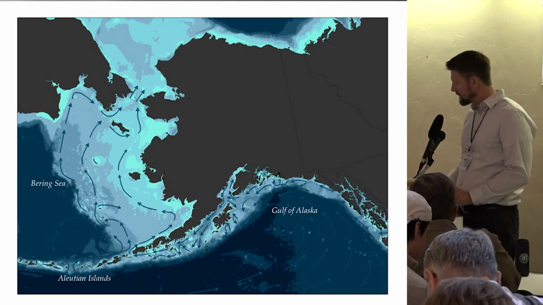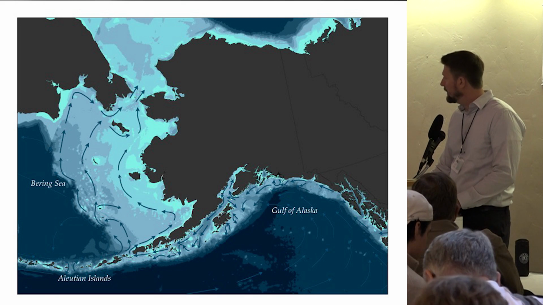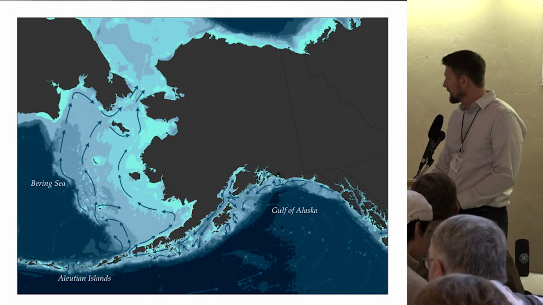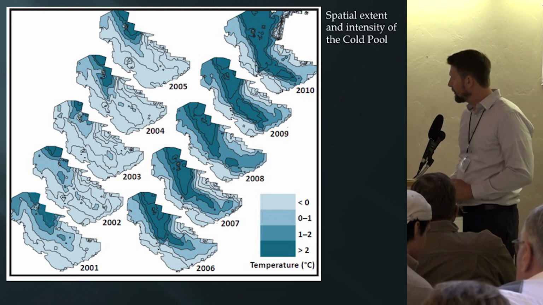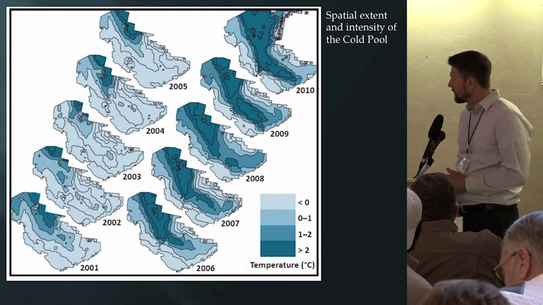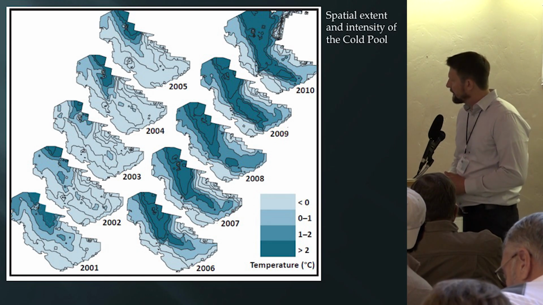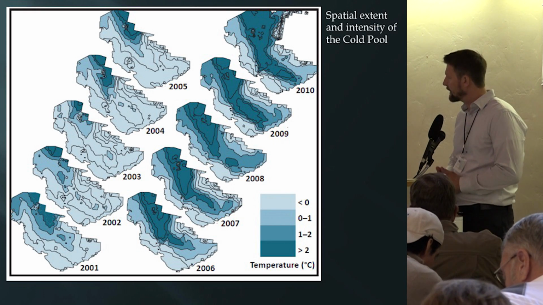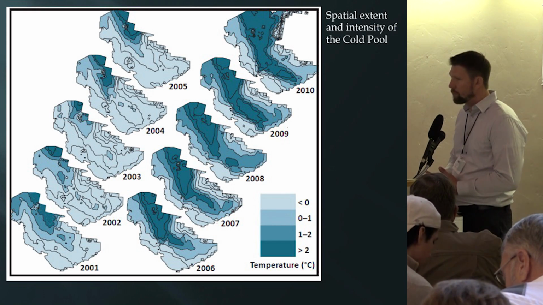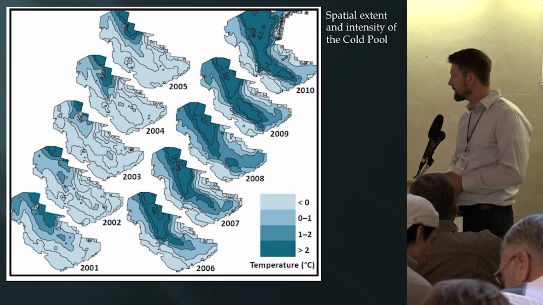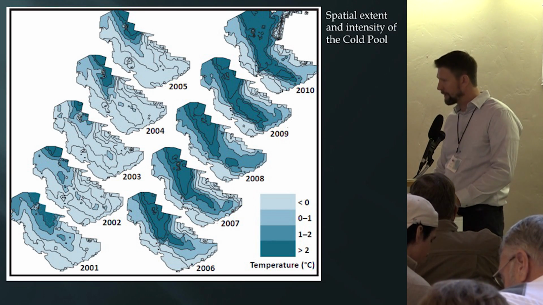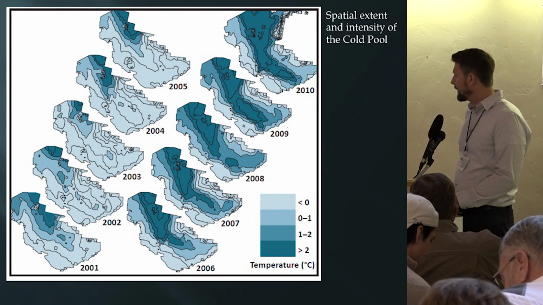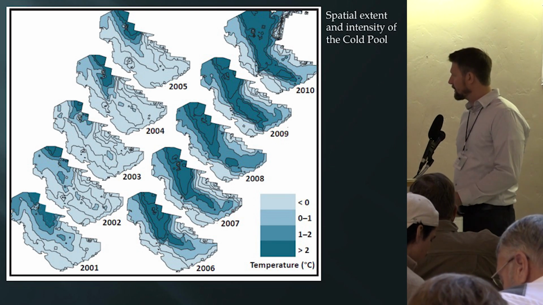So if we look at our system around Alaska, I'm going to just focus on the Bering Sea for a minute as an example. This is the Bering Sea shelf, the area that's surveyed, and this is showing temperature over time, for 5 years in a warm period from 2001 to 2005 on the left, and then during a cold period. So what you see is in the cold period, you have the intrusion of what's called the cold pool.